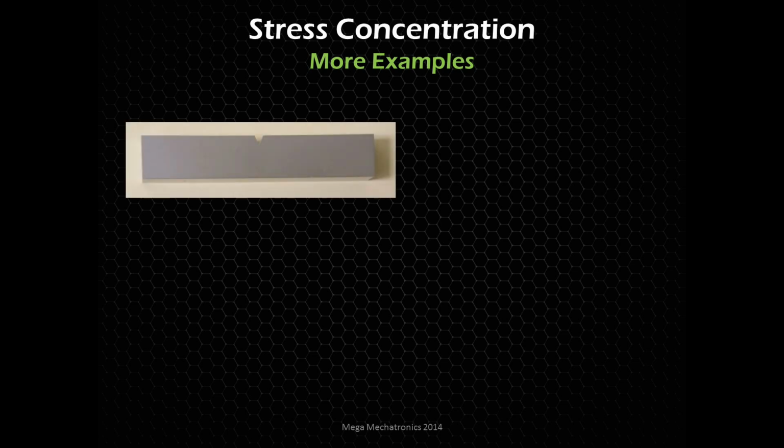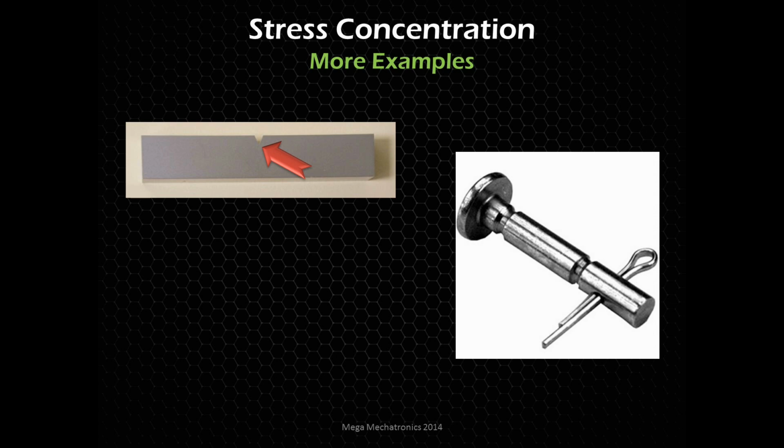Some more examples. Here's our Charpy test. And remember that notch? It's put there on purpose, so that it gives scientists and engineers a consistent place where that part is going to fail, and that leads to more consistent test results.